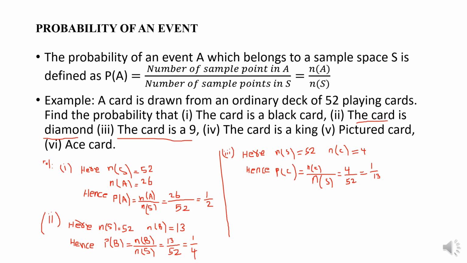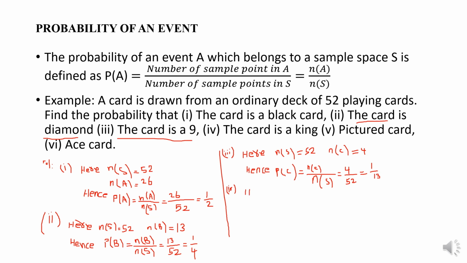The next, the fourth one, is the card is a king card. For this we have part D. Let D represent the event that the card drawn is a king. There are four cards of king. The number of outcomes favorable to event D is 4.